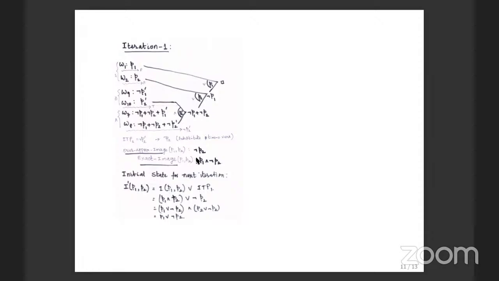We'll take a union of the interpolant, which is not P2, with the initial state, that gives ITP1, and that's what you do here. So that is equal to P1 or not P2. Since the property itself is one inductive, you go on to the second iteration.